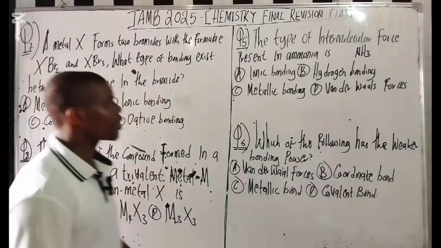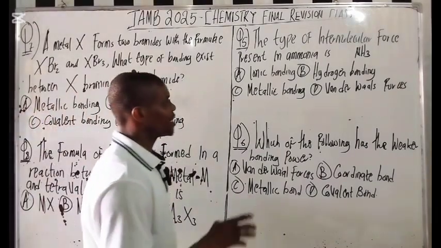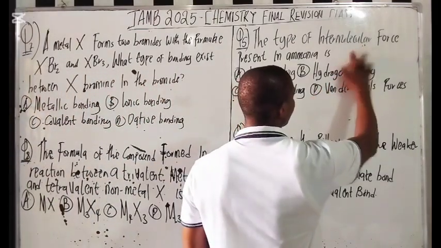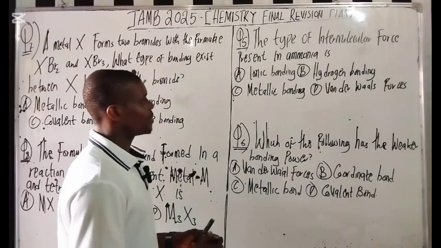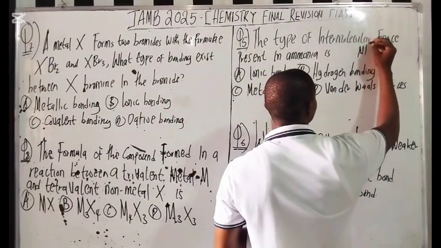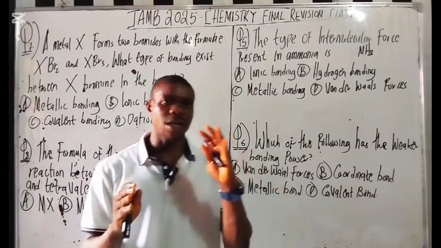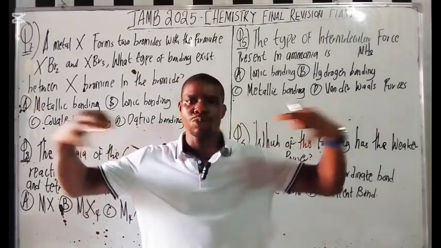So let's look at this question here. The type of intermolecular force present in ammonia is, now this is the ammonia here. So let me write that. The type of intermolecular force present in ammonia is, so you have NH3 as the ammonia here, right? Now we talk about intermolecular force. Intermolecular force means the force that holds 2 molecules together.